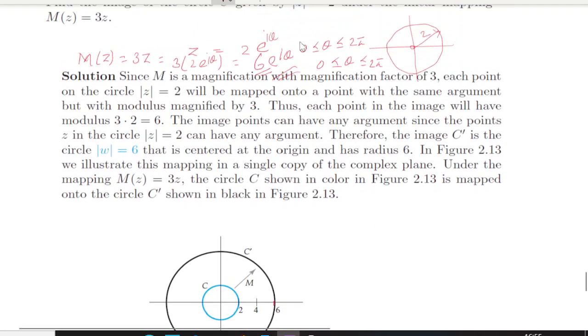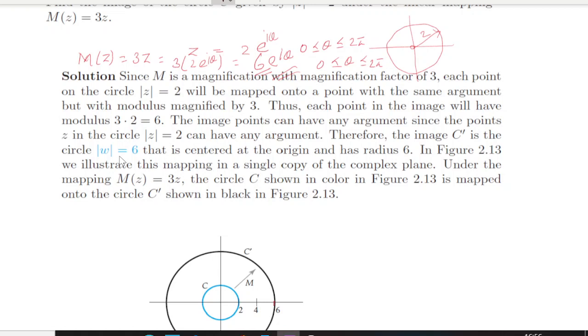See, I have taken the exponential form. You can also have a structure like this. The circle mod z equal to 2 will be mapped onto a point with the same argument but with the modulus magnified by 3. Thus each point in the image will have modulus 3 into 2, that's equal to 6.